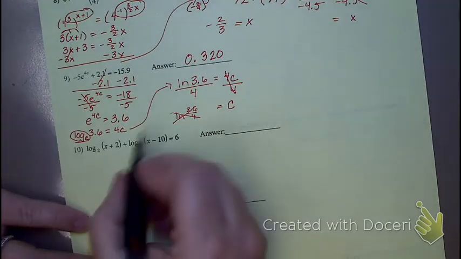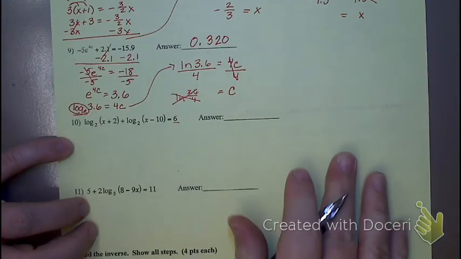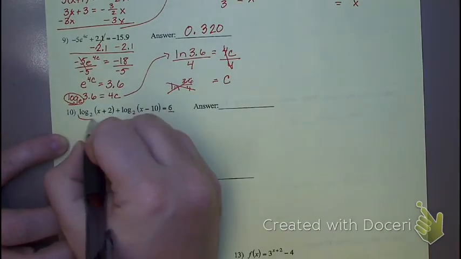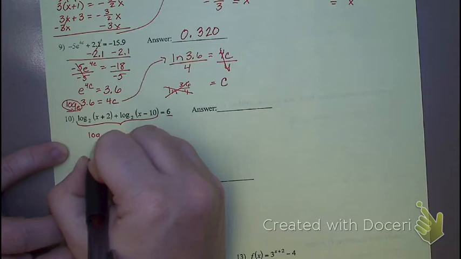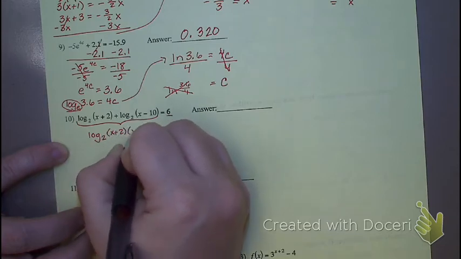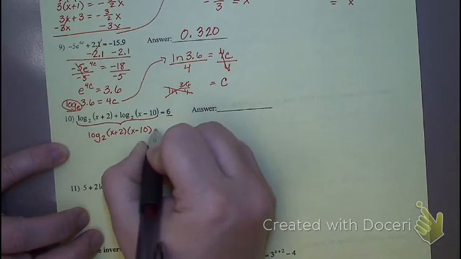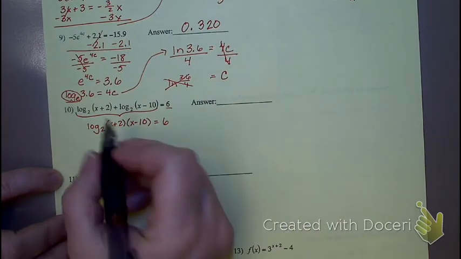Now this one, I had some people that were doing stuff over here and totally neglected that poor little 6 right there. This is one of the ones where I have to do some condensing first. So when I condense this, this gives me log base 2 of x plus 2 times x minus 10 equals 6. And once I have it condensed, then I have to go to exponential form.